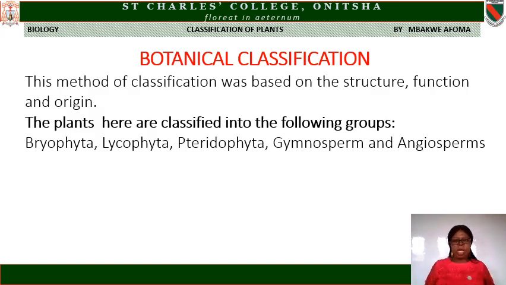And when we consider them like that, we see that we have 5 groups. We have the Bryophyta, the Lycophyta, Pteridophyta, Gymnosperm, and Angiosperm. This botanical classification, we have done it in your first term, so go back and read them well again.